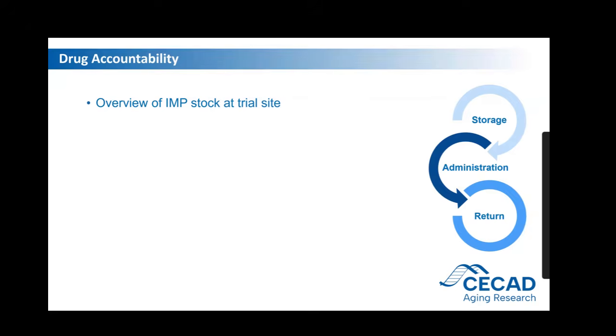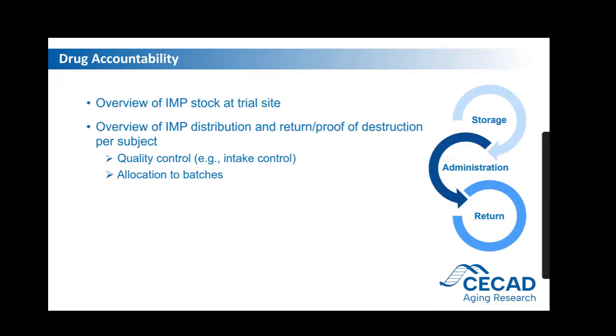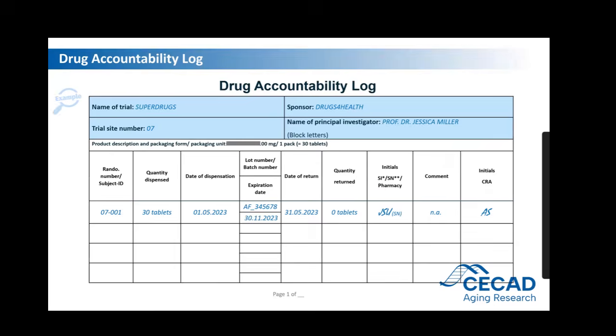And all this needs to be kept up to date and needs to be documented in a drug accountability log. So besides the IMP stock at trial site, you need, as I just mentioned, an overview of IMP distribution, return, destruction, and you need to provide all the information in a log.